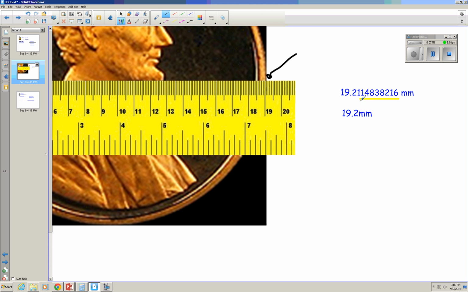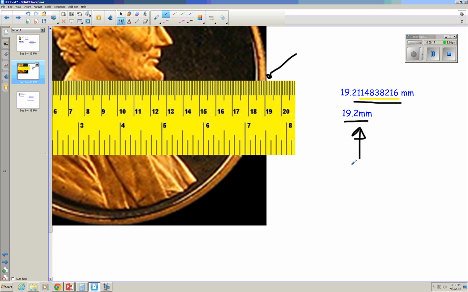So this underlies the problem with making a measurement. The exact answer, and remember, this is theoretical, we took a few liberties with this, is the exact answer for the length of the penny. When I measure it, I get this. So which of these do you think is more uncertain? If you're saying this one, then you are on the money.